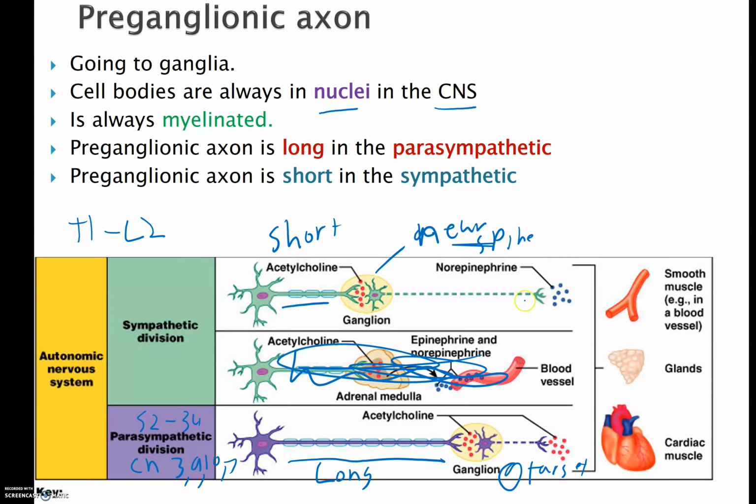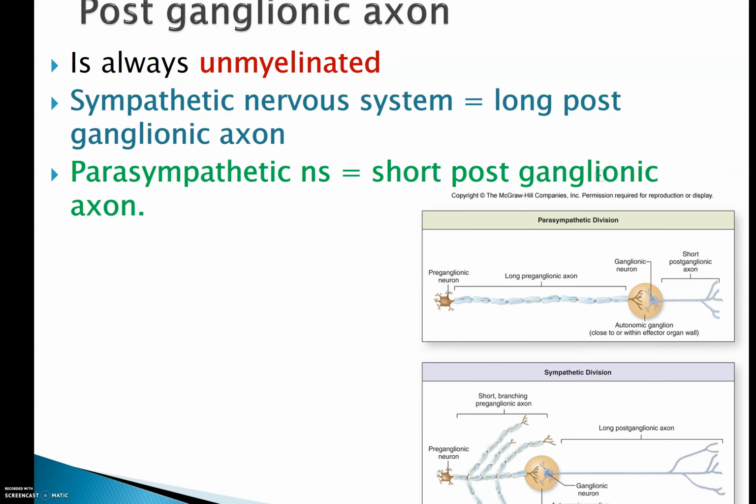Since this is at the spine, it has a long postganglionic fiber. Since this is at the target organ, it's going to be short. Now the postganglionic axon is always unmyelinated. So this fiber leaving the parasympathetic one is an unmyelinated one. The fiber leaving the sympathetic ganglia is always unmyelinated.